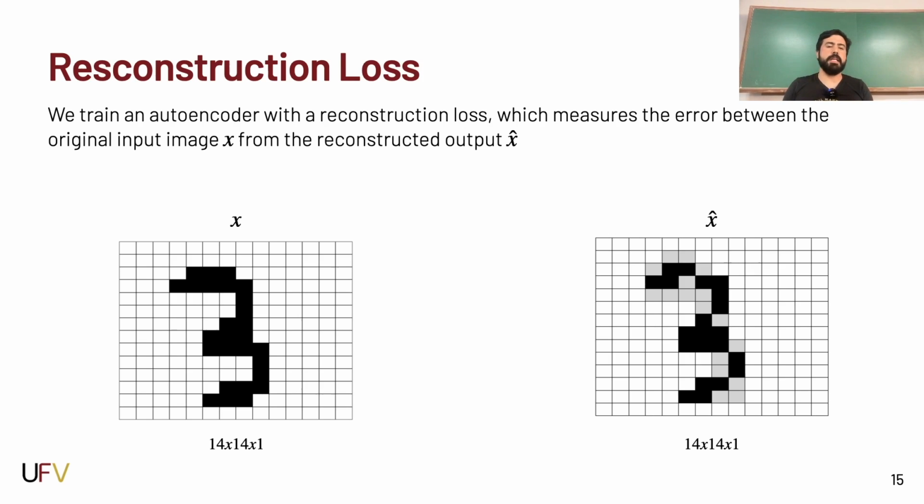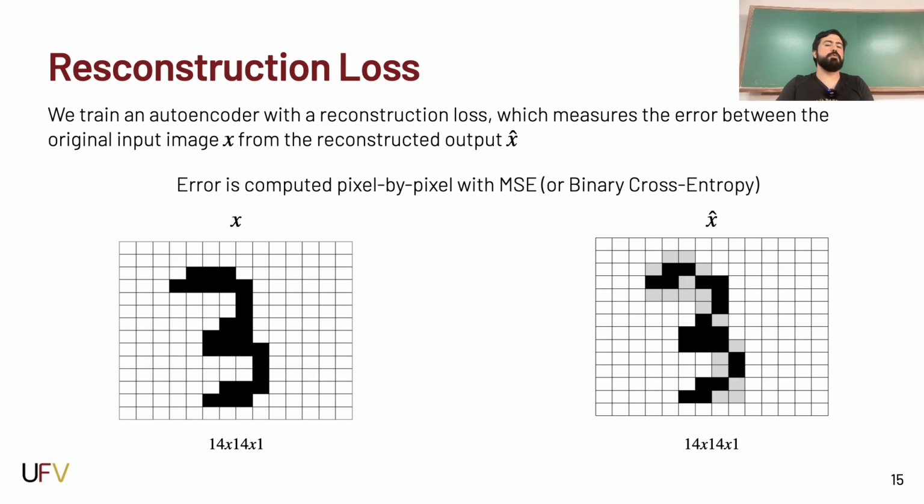So when we are training an autoencoder, we want to compare the reconstructed output, x hat here, against the original input, x. And there's a few ways of doing that, but basically we want to compute an error pixel by pixel. And most people use MSE, mean square error. So here's our mean square error, but now I have just a sum over the height and the width of the image, and I'm comparing pixel by pixel.